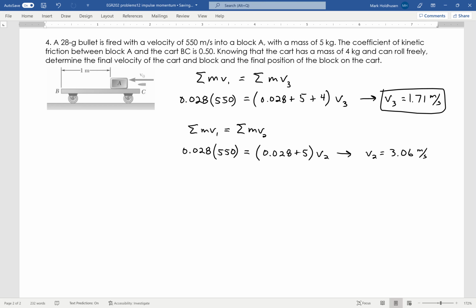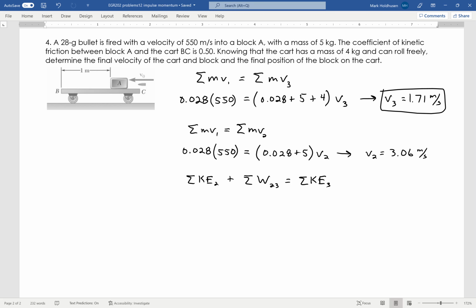Now that I know that, I can figure out how far it slides. When I use distances and velocities, I'm going to use work-energy. So I have the kinetic energy at state 2, plus all of the work done from 2 to 3, equals my final kinetic energy. I know my initial and final kinetic energies, because I found V2 and I already know V3 from the first part.